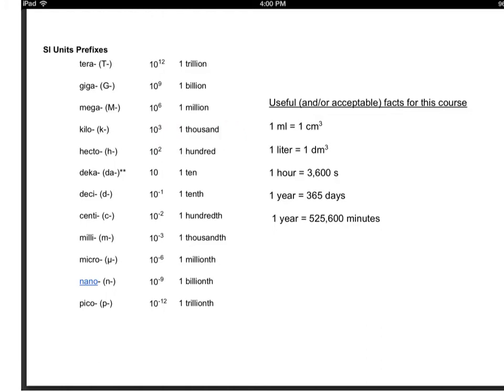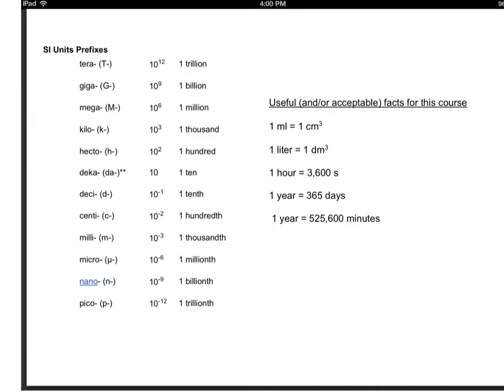I'll leave you to decide how you handle this table. But during our conversations, if I talk about, for instance, a megagram, I'm going to want you to understand that I'm talking about 10 to the 6 grams. Okay, so make sure that you know this table.